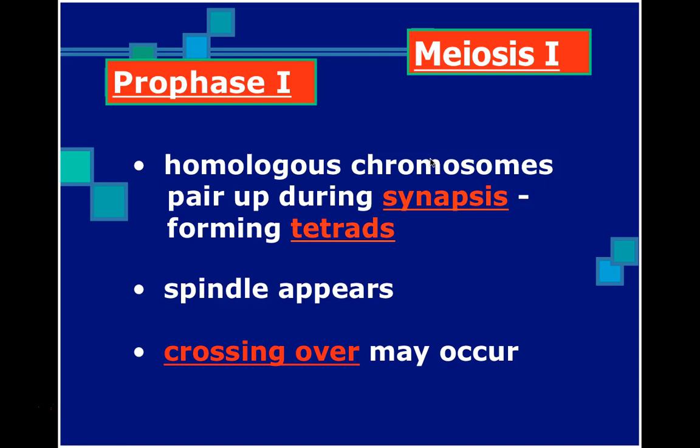That's the major thing I'd like you to get out of that. Same as mitosis, the spindle fibers are going to appear coming out of the centrioles, and crossing over, a new term that we haven't talked about, may occur. It is a completely random process, and I'm going to talk a little bit more about crossing over in the next slide or two.